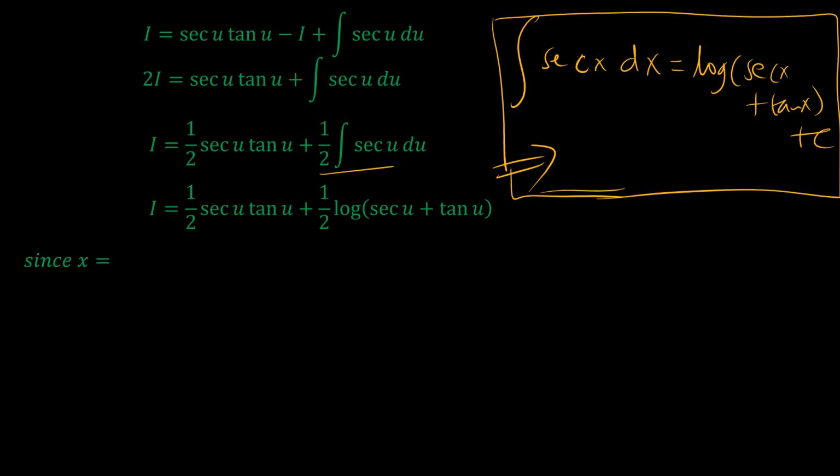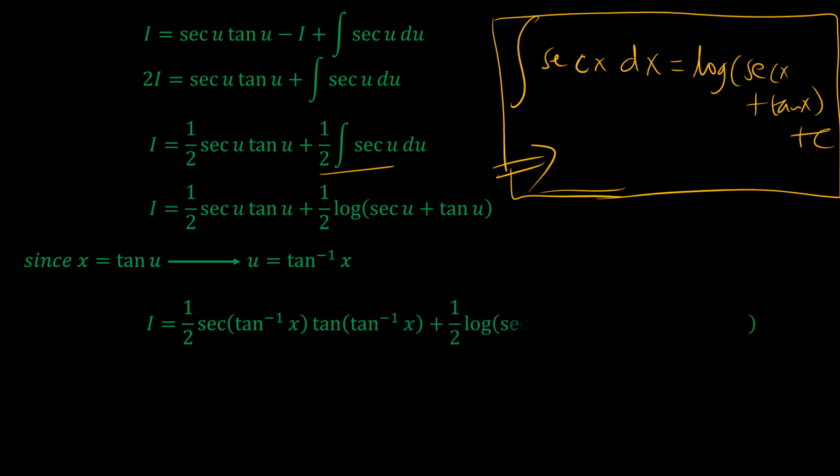And so since x is equal to tan u, and therefore u is equal to the arctangent of x, that means that I is equal to half secant of arctangent of x times tangent of arctangent of x plus half the natural logarithm of the secant of the arctangent of x plus tangent of the arctangent of x.